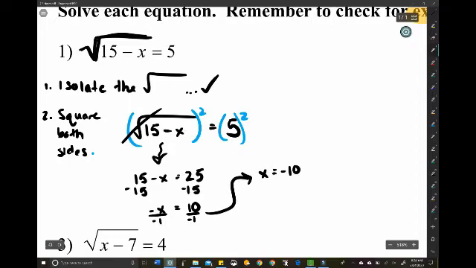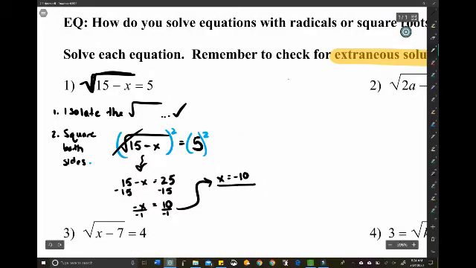Now, to check for extraneous solutions, you plug that negative 10 back in for x. For our check, we want to consider: what is the square root of 15 minus negative 10, and is it equal to 5?